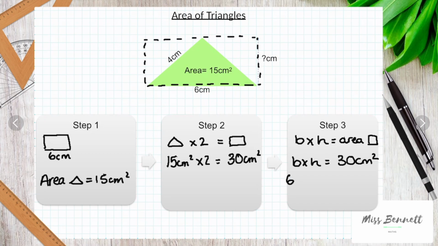So 6 centimetres multiplied by the height is 30 centimetres squared. So if I divide 30 by 6, I'll get the height. 30 centimetres squared divided by 6 centimetres gives me 5 centimetres is your final answer. This is the height of the triangle.